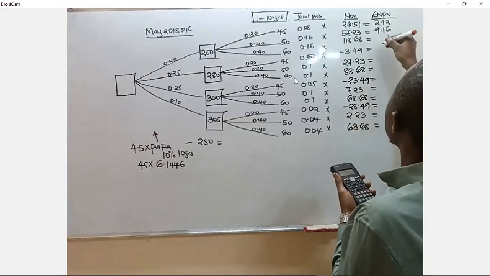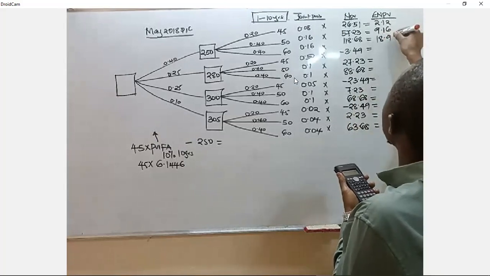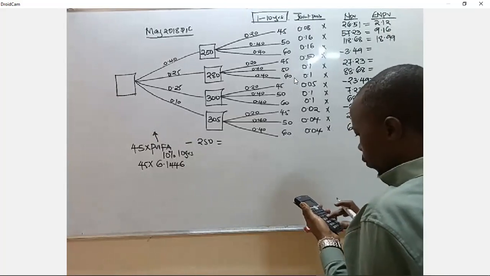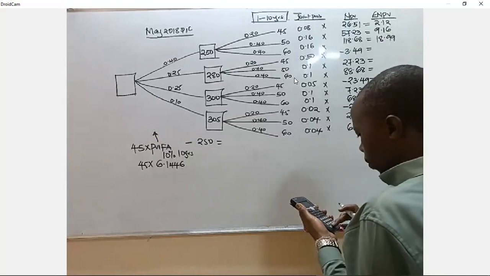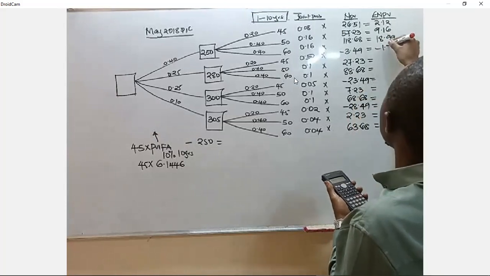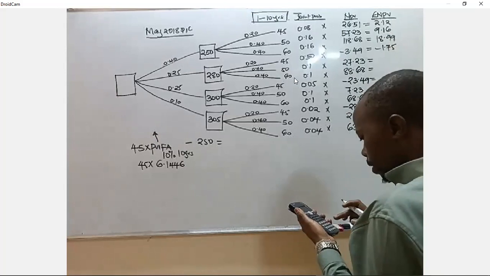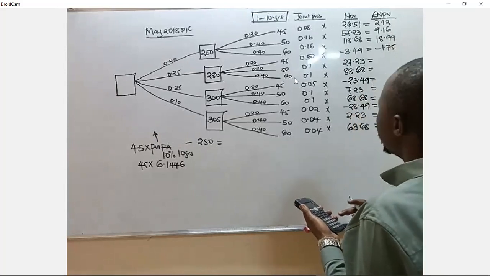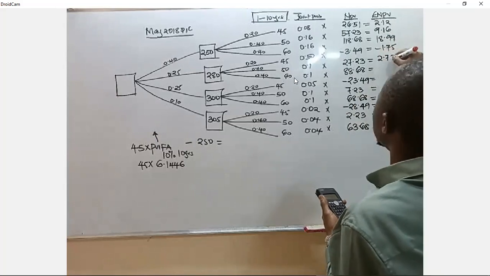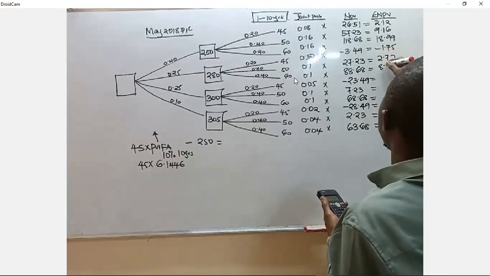Getting 18.99. The other one will be negative 3.49 times 0.5. Getting negative 1.75. The other one will be 27.23 times 0.1. Getting 2.72. The other one is 8.87.